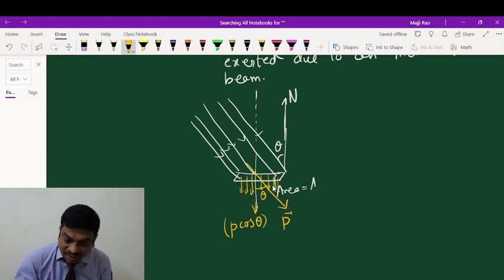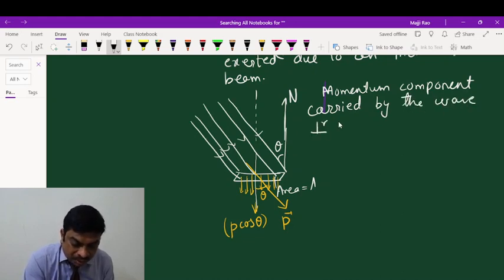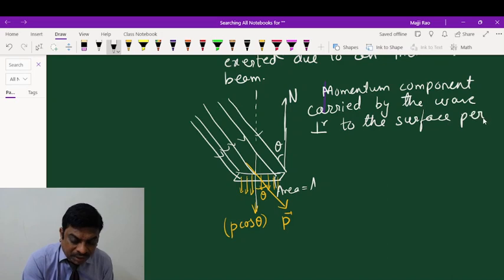So therefore, the momentum component carried by the wave perpendicular to the surface per unit time will be p cos theta by delta t.